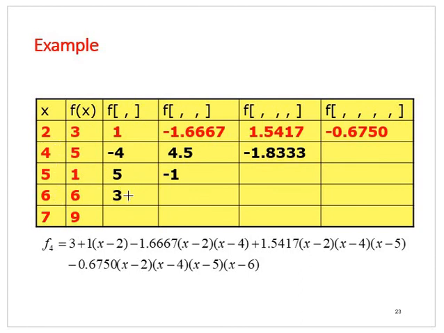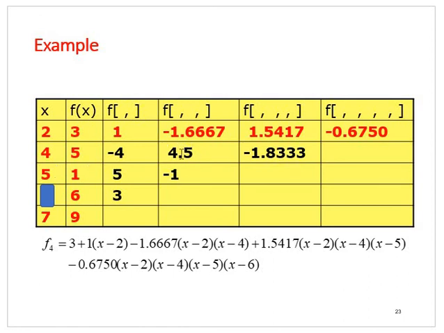So this is 3 minus 5, which gives you minus 2. And then we skip this one. So this will be 7 minus 5, which gives us 2. So this is minus 2 divided by 2, which gives us minus 1.